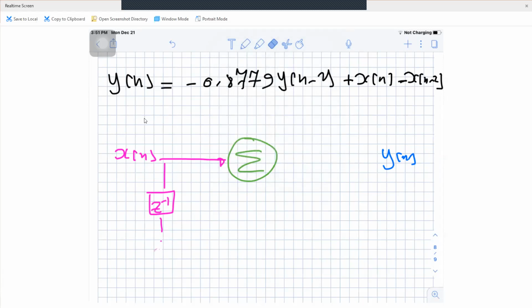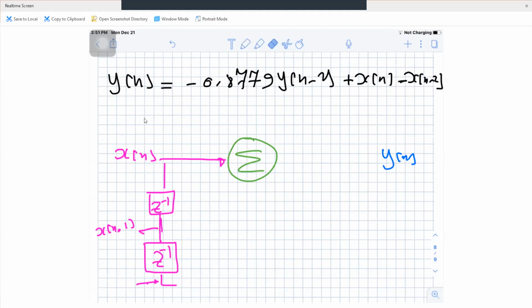Just let me illustrate it well. Again, this one is z to minus 1. So at this point, it will be x of n minus 1. At this point, we have x of n minus 2.